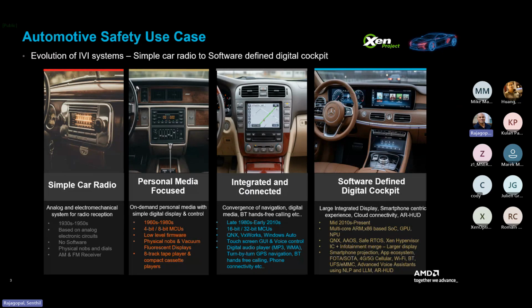Then we moved towards a more sophisticated, integrated and connected system, with Bluetooth communications, GPS navigation and Windows Media, on 16-bit to 32-bit microcontrollers with homegrown operating systems. At that time it was QNX and VxWorks, and Windows Automotive was very popular.